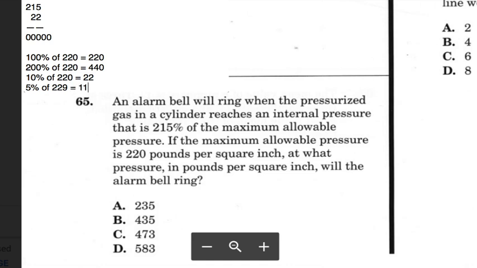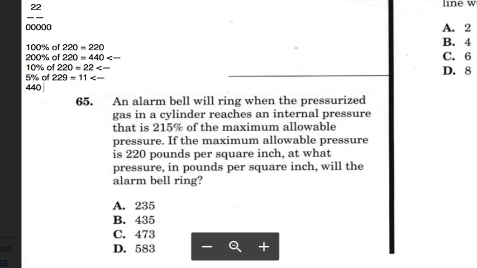So why am I writing this? Because it's asking for 200, this one here, and 15%. So 10% and 15%. So basically we're going to have 440 plus 22 plus 11, which is 462, 472, 473.